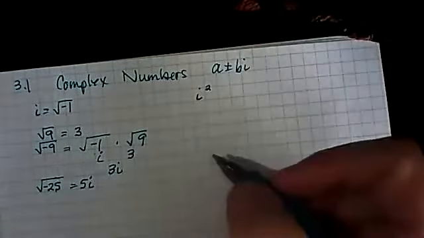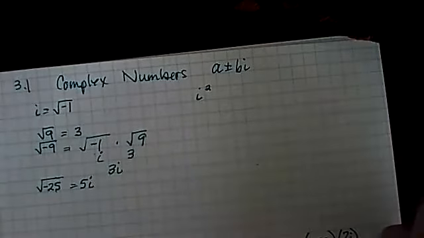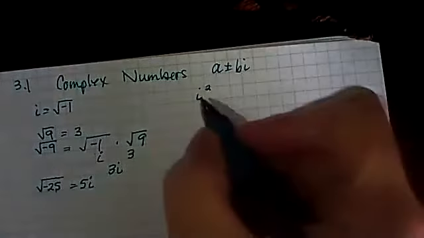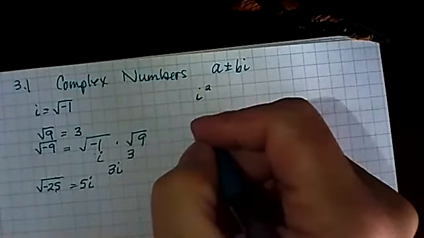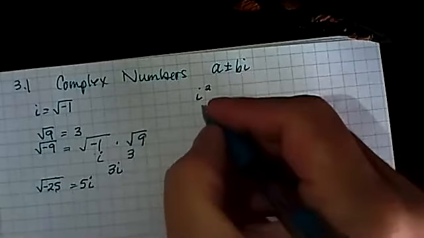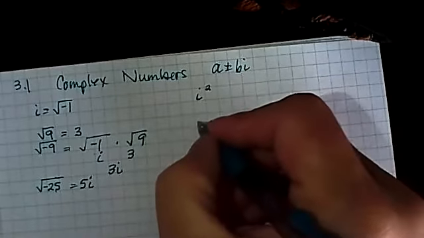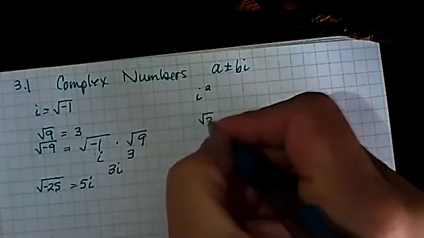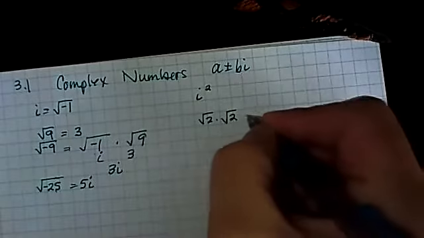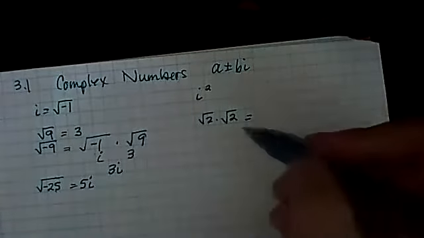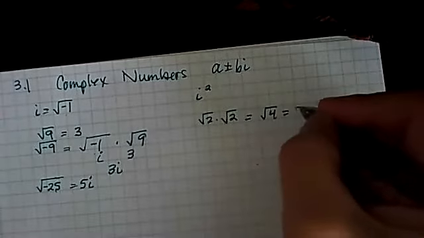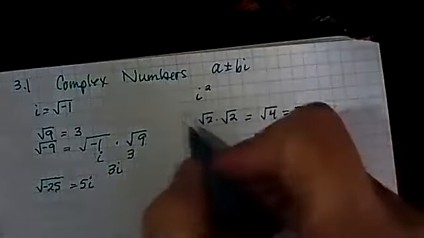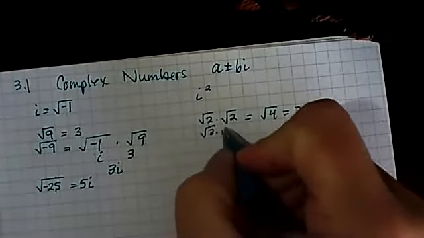If I said, what is the square root of 2 times the square root of 2? Well, that's the square root of 4, but your answer actually is simplified down to 2.